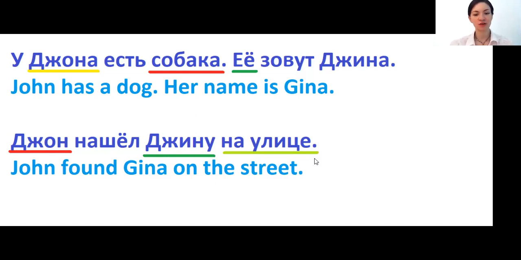And let's talk about ending. Why do we say е? Because again, you need to think about nominative. Nominative case is улица, finishes with a, and according to Russian grammatical rule, we have to use in prepositional case this a to е.